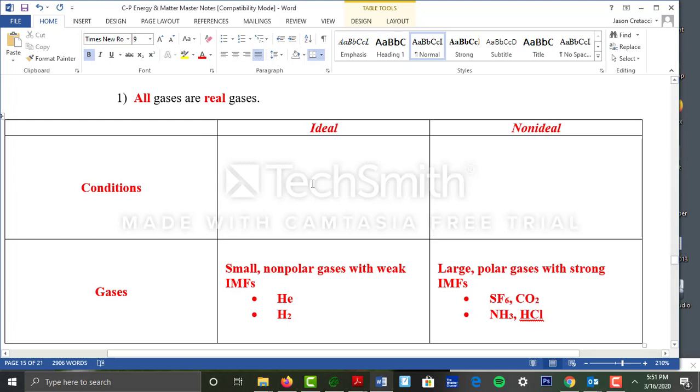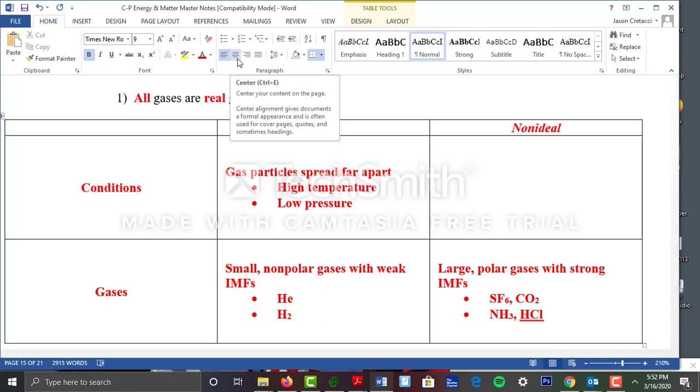What about conditions? The best conditions are the ones that keep gas particles spread far apart. Now we saw in the video that the things that were non-ideal, the opposite is ideal. So we're talking about high temperature and low pressure. High temperature and low pressure is going to keep the gas particles spread as far apart from one another as possible.